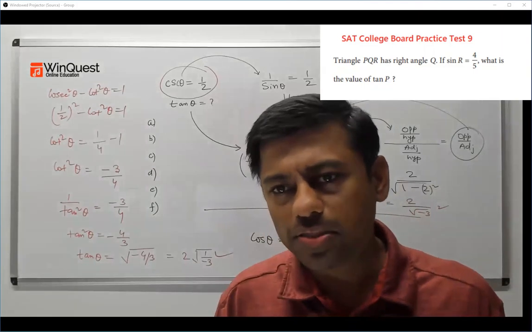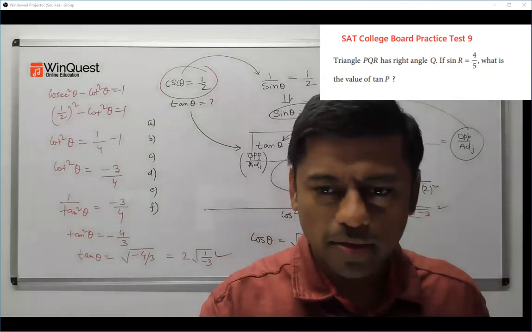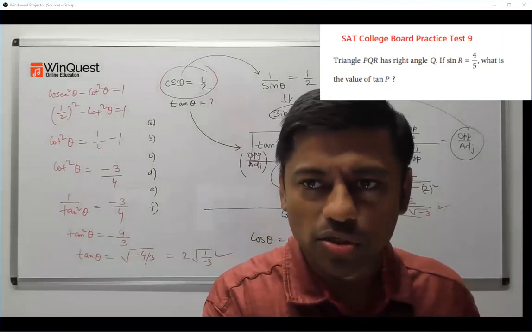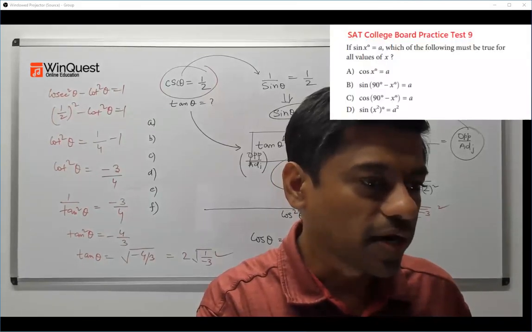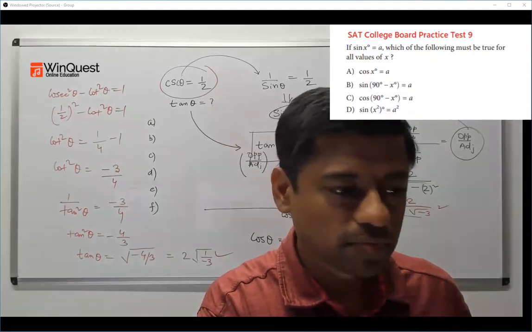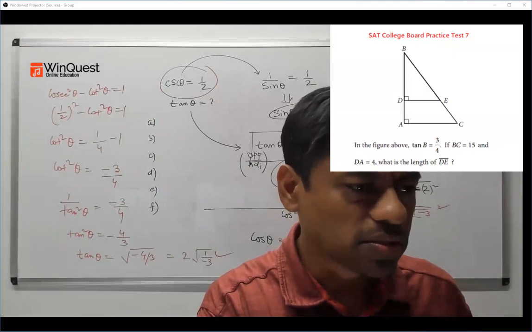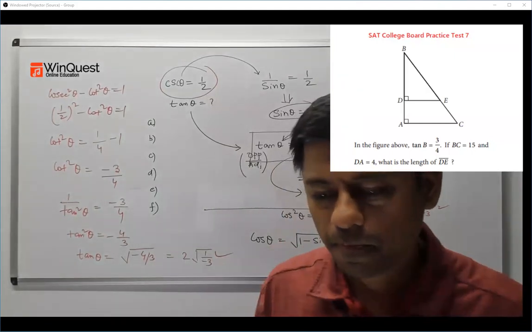See, the information has been given as right angled at Q. So this we solved in the first case. It is in your SAT College Board Practice Test 9. So these kinds of questions you are going to face. Now, this is something we need to learn. This is going to be a little tough area, and this is something we can try to solve.